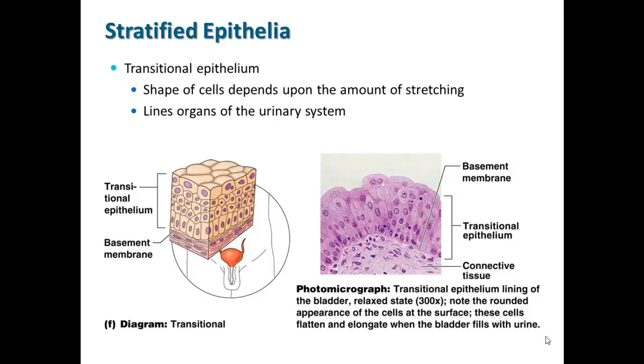It is found lining our urinary system, for example, our bladder. When the bladder is empty, the surface cells are rounded in shape, but when the bladder fills and stretches, the bladder wall thins and the surface cells become flattened. So the cell's shape undergoes a transition. It is considered a special kind of stratified squamous epithelium because, again, as it stretches, the surface cells become flattened.